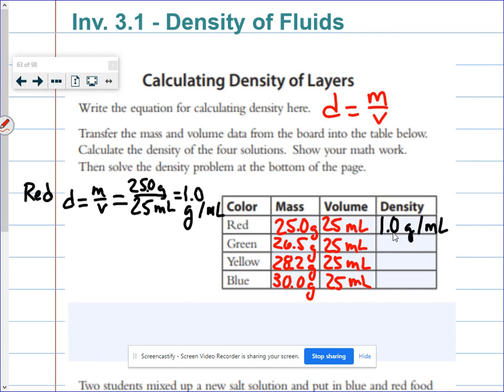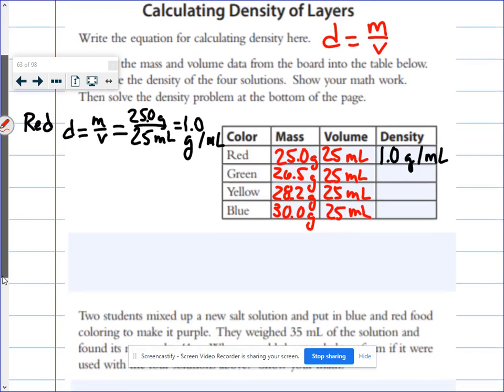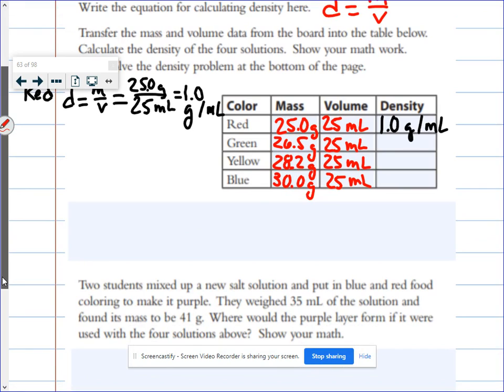All right, make sure you put your density over here on the chart. Just go out to 1 decimal place like I have there. All right. So go ahead and pause the video here to give yourself some time to work through those 3 other problems.